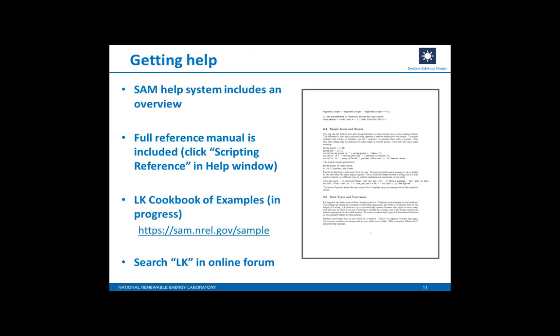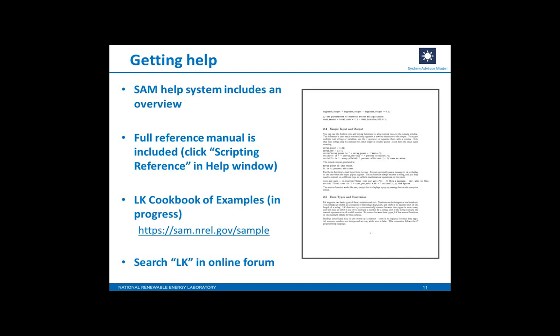So how can you get started and get some more help? The SAM help system, if you click the help button anywhere in SAM, it includes an overview of scripting. There's also a full reference manual. It's maybe 40 pages or so that details every detailed feature of the scripting language.